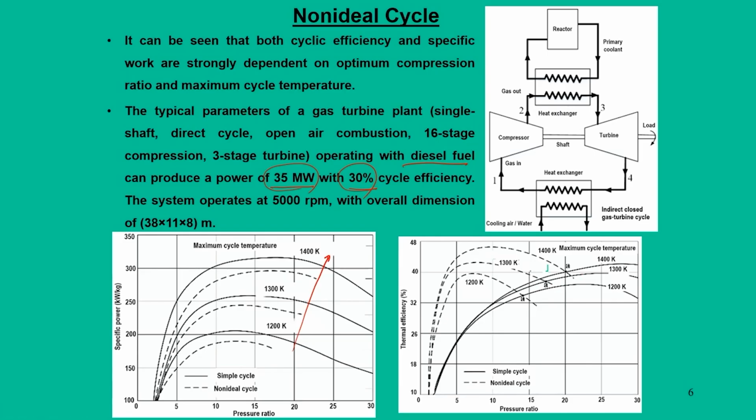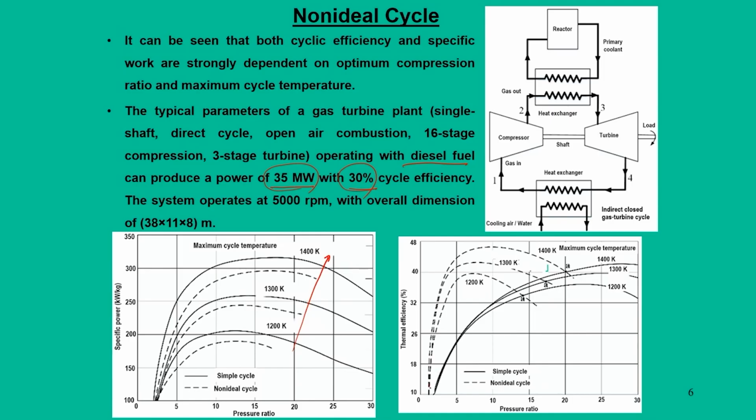Beyond a certain pressure ratio, the non-ideal effects come into the picture, and we observe that at a certain pressure ratio, the non-ideal cycle efficiency suddenly drops, as you can see here.